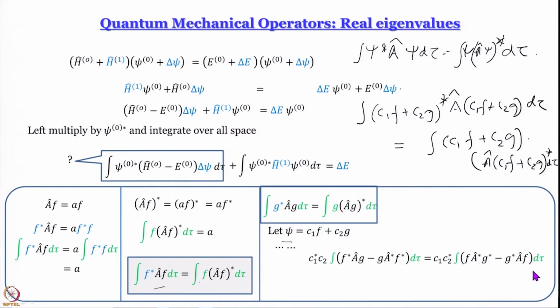Now see, we are almost there. Look at this integral: instead of psi 0 I will write f, instead of delta psi I will write g. Integral f star a hat g. So, we are getting to the functional form that we require.